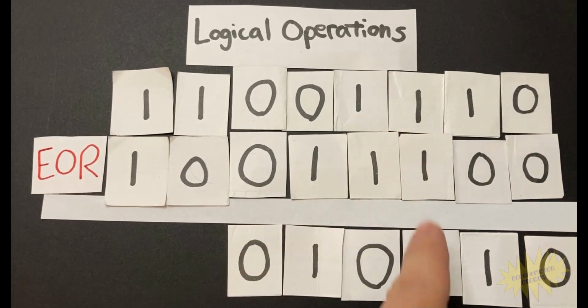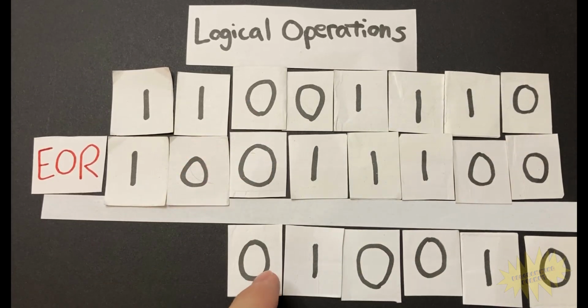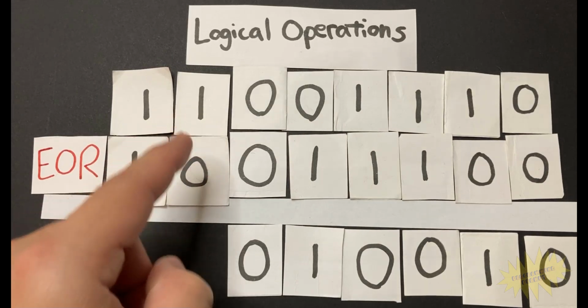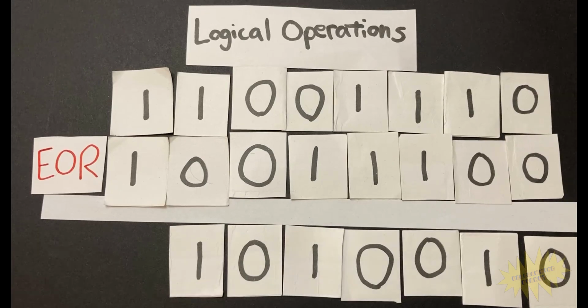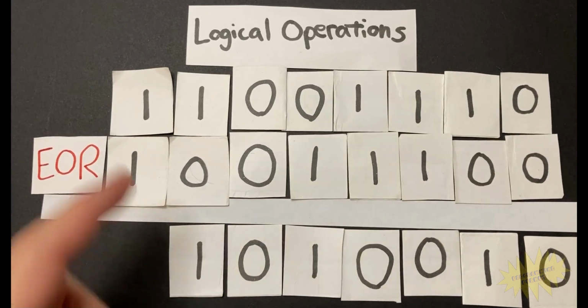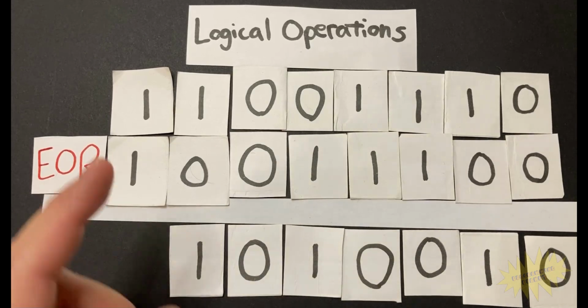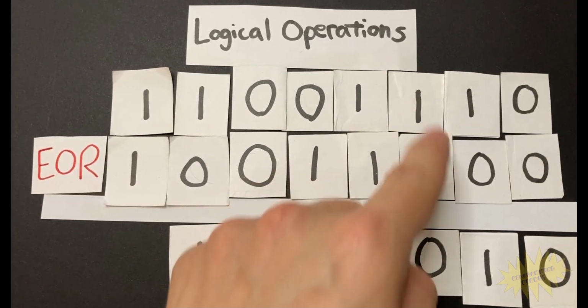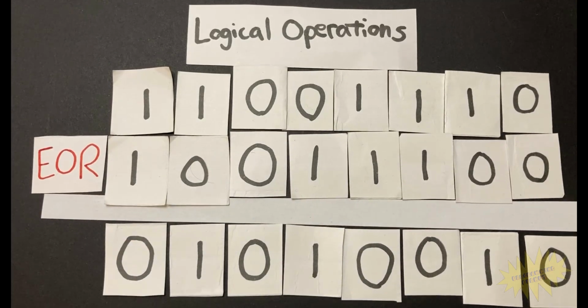So 1 1 will equal a 0, but a 0 0 will still equal a 0. Okay? Now we have a 1 here and a 0 here, so we have at least 1 1, so that results in a 1. And then finally, we have the 2 1s here again. So remember, just like this one, if there's 2 1s, that results in a 0.